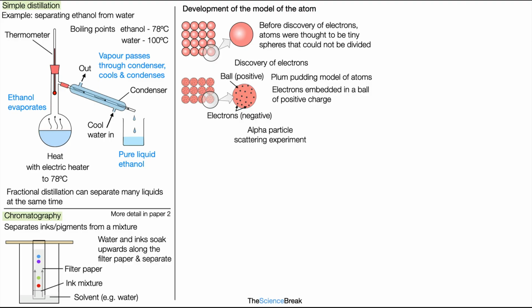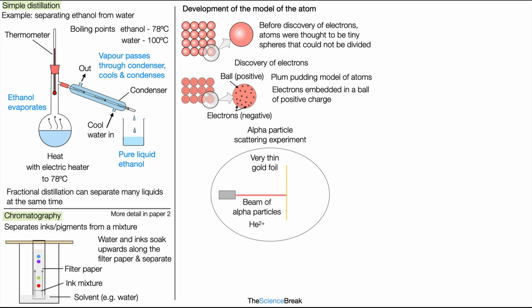Then we have something called the alpha particle scattering experiment, which changed the model again. This worked a bit like this. We have a very thin layer of gold foil. We have a beam of alpha particles which are fired at the gold foil. Alpha particles are helium nuclei with a charge of 2+.